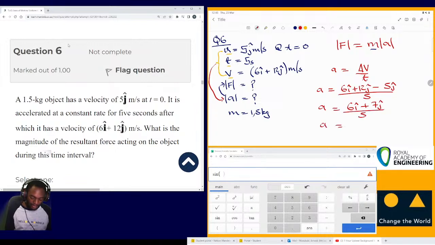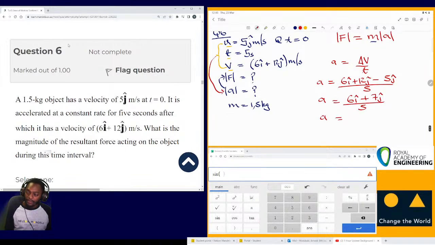So our acceleration is going to be 6 over 5. What is 6 over 5? 1.2, right? Just to be sure.